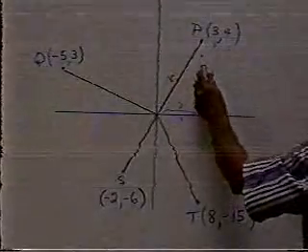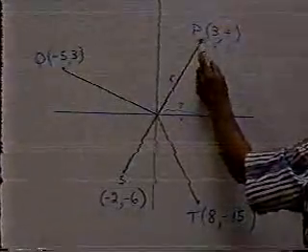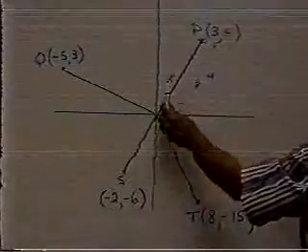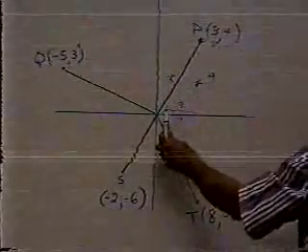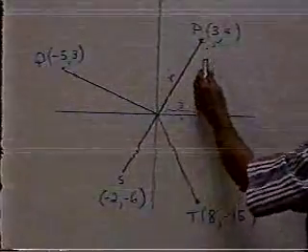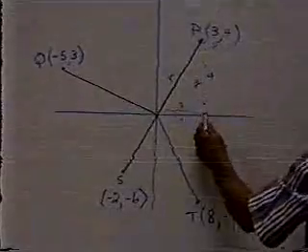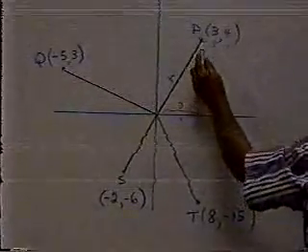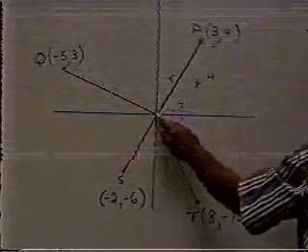So here we have a point, and it's located by saying, okay, we can come over 3 to the right in the positive x direction, and we can go up 4 in the y direction. And the straight line distance from the origin to that point is called the radius vector r.